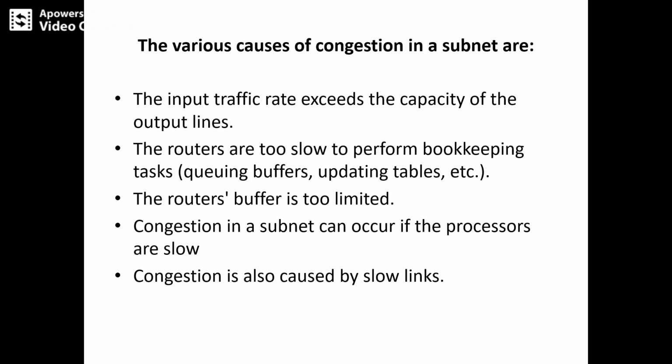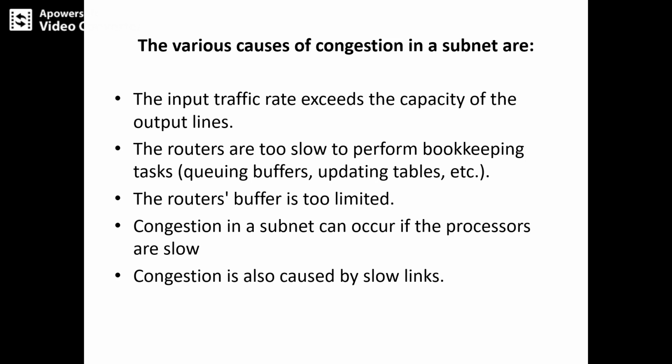So depending upon the type of router, we need to see this as one of the causes of congestion in a subnet. The next one is that the router's buffer is too limited. Again, this is in terms of the capacity of the routers. Next, congestion in a subnet can occur if the processors are slow.